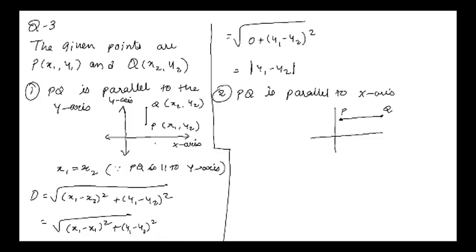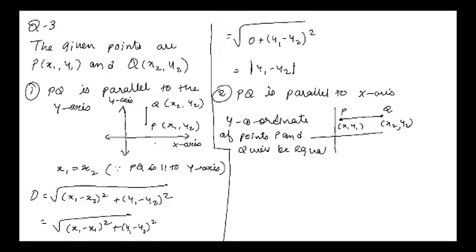Here you can see that PQ is parallel to the x-axis. If it is parallel to the x-axis, then the y coordinate of points P and Q will be equal. Therefore, here y1 is equal to y2.